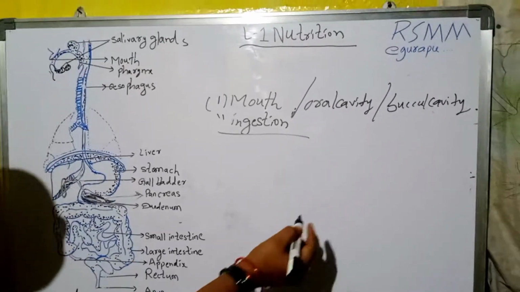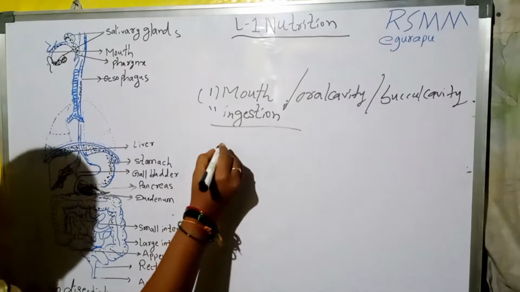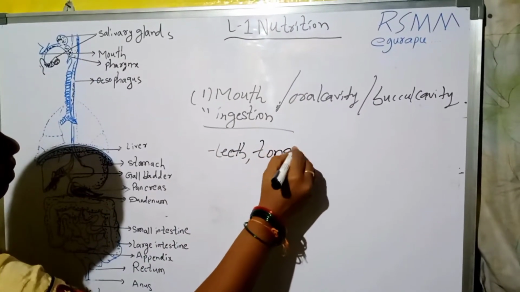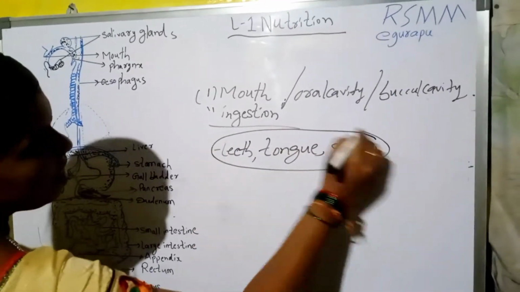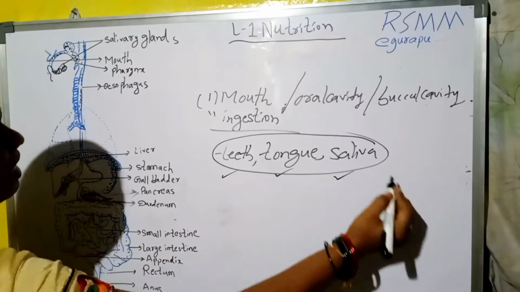What do we have in our buccal cavity? Teeth, tongue, saliva. The mouth consists of teeth, tongue, saliva.